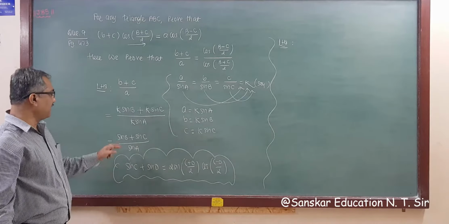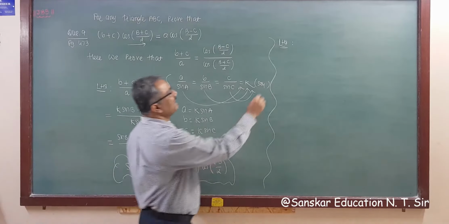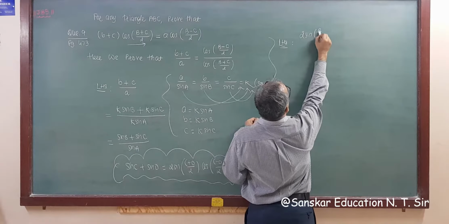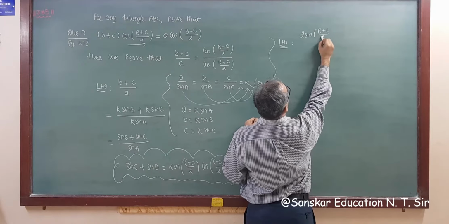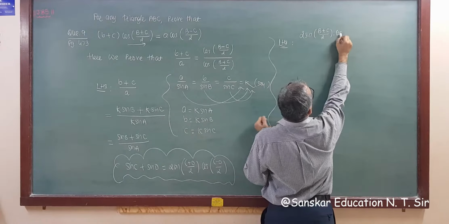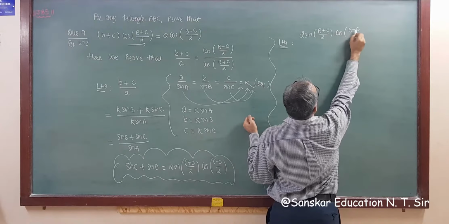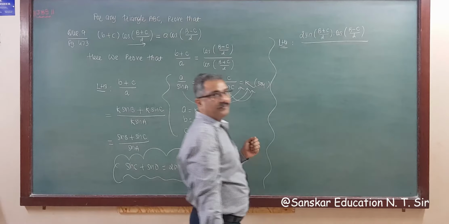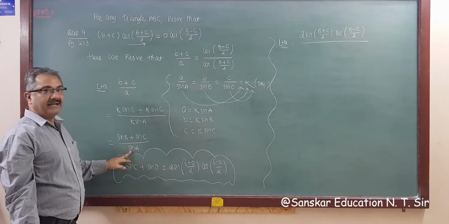Applying this formula, sin b plus sin c is 2 sin((b plus c)/2) into cos((b minus c)/2), whole upon this is sin a.